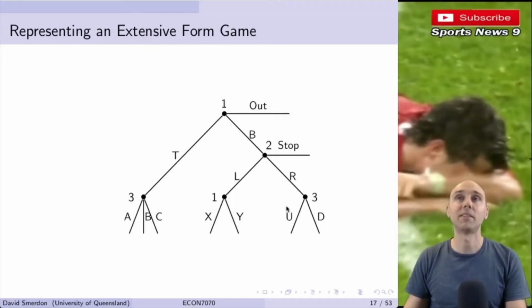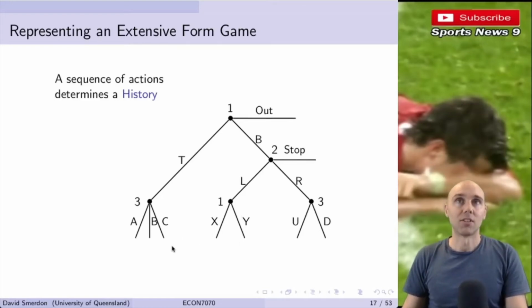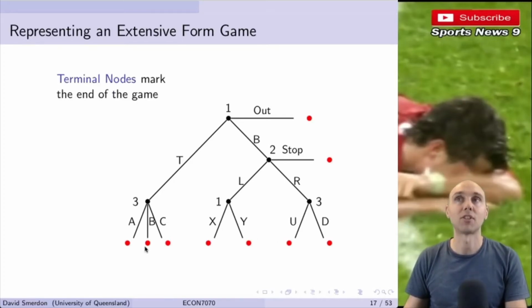And we can continue like this to draw a game tree. Something of an ugly tree in this case, but it is a game tree. A sequence of actions determines what we call a history, a game history. Now, at the very end of a particular sequence of actions, we have a termination node, or what we call a terminal node, the very last point.